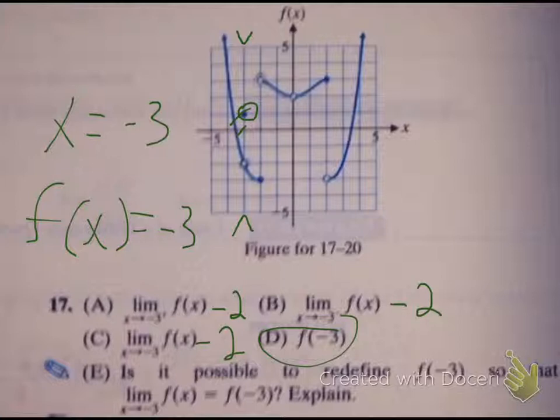That means there's a spot in our equation, whatever it is. Let's say, and this is not going to be accurate, 3x plus negative 3.5.